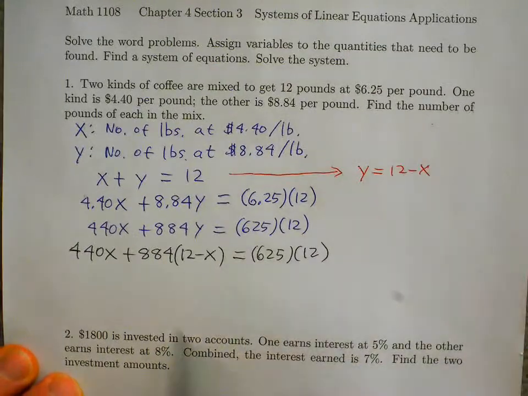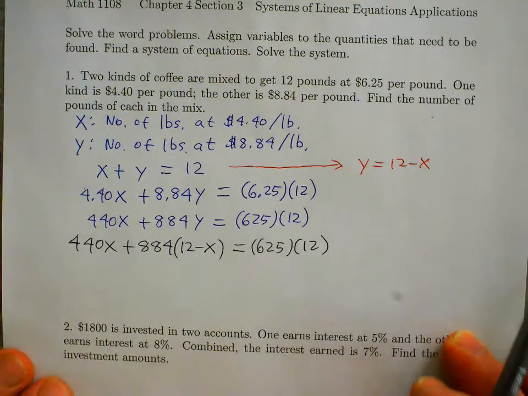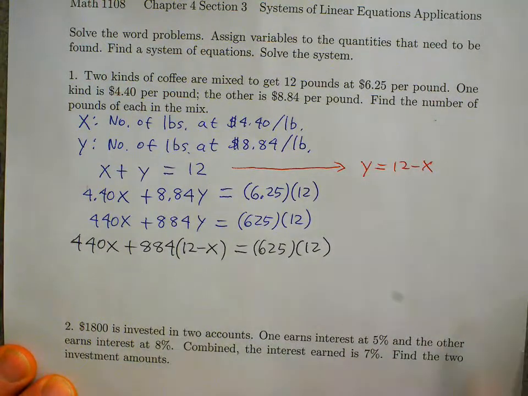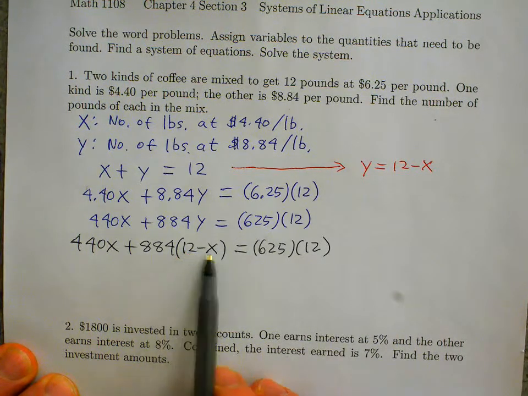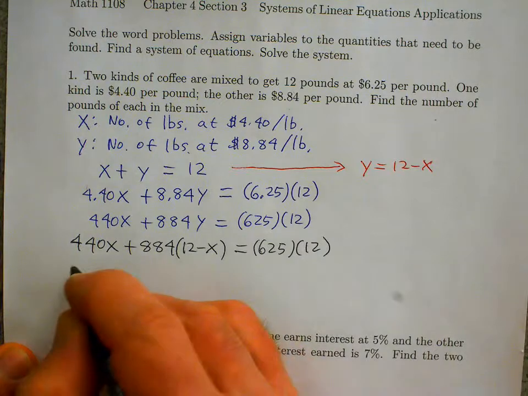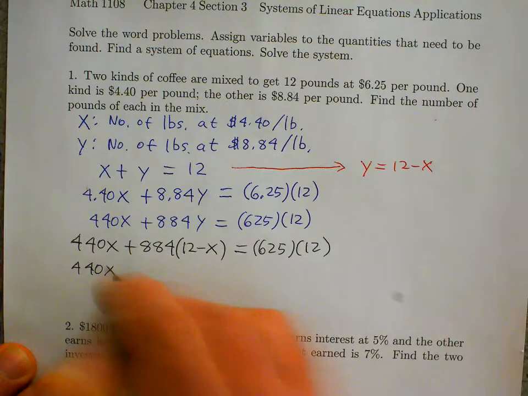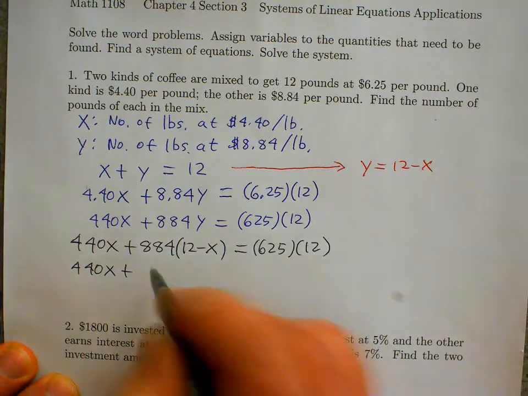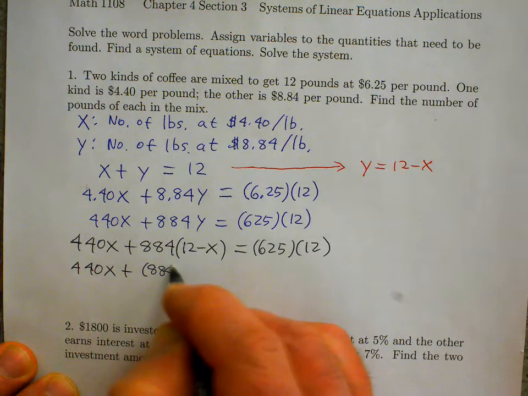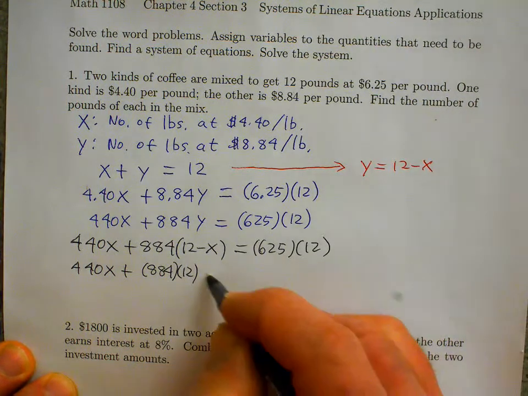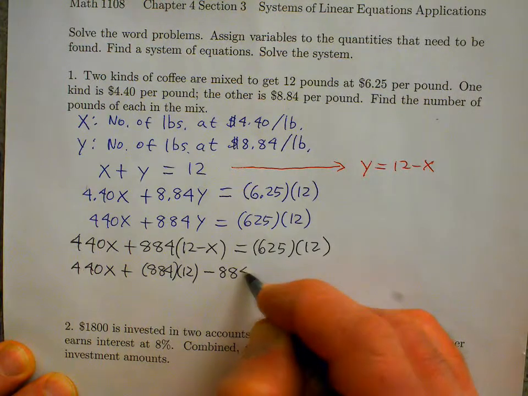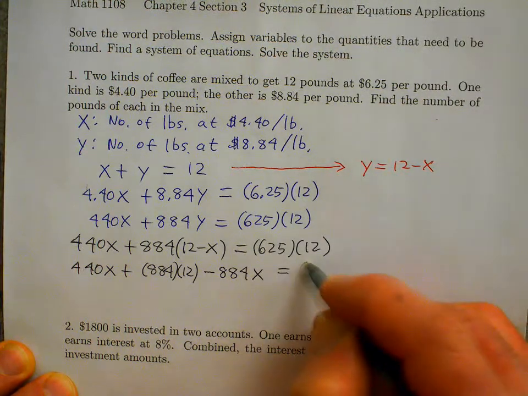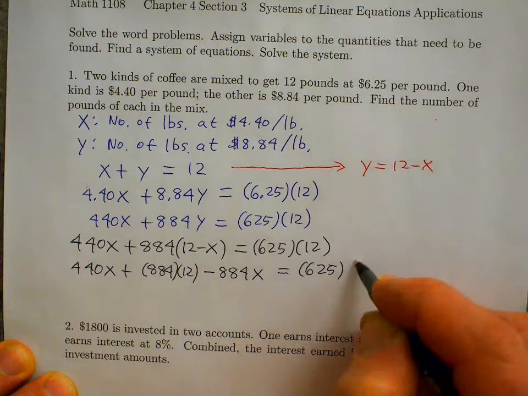I'll take it a couple of steps further before I leave it for you to use a calculator. We'll distribute multiplication over 12 minus x by 884. So 440x, and I'll just leave it in factored form, 884 times 12, and then minus 884x equals 625 times 12.